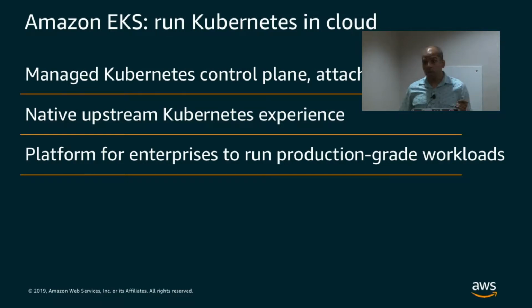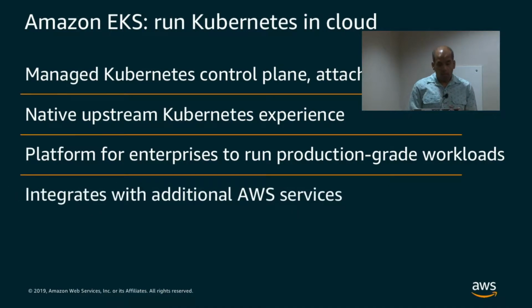As a matter of fact, Amazon EKS is one of the fastest growing services for AWS, and the kind of customers that we're getting is just mind-blowing. We also have integration with different additional AWS services. So for example, you want to have your Kubernetes control plane logs being sent to CloudWatch. Sure, it's there.